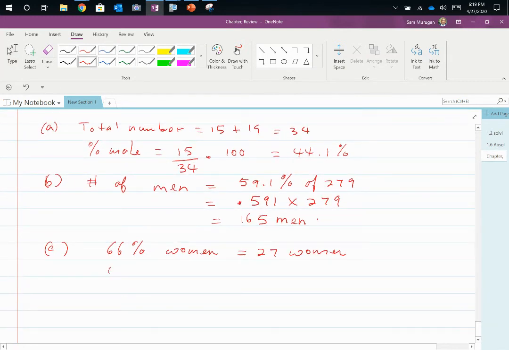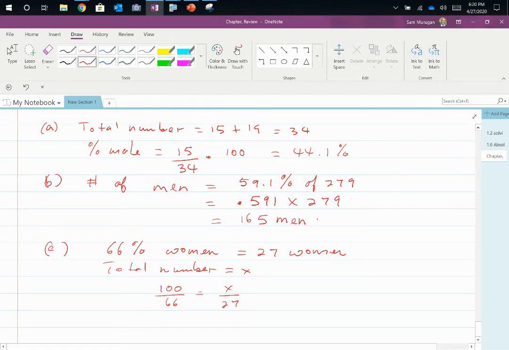So let's say the total number is equal to x. The way you solve this is you put 100 over 66 is equal to x over 27.